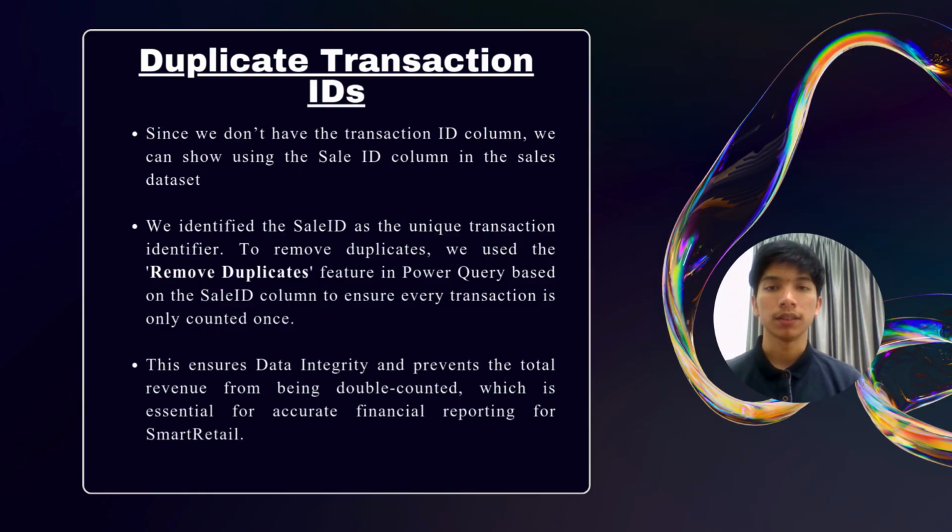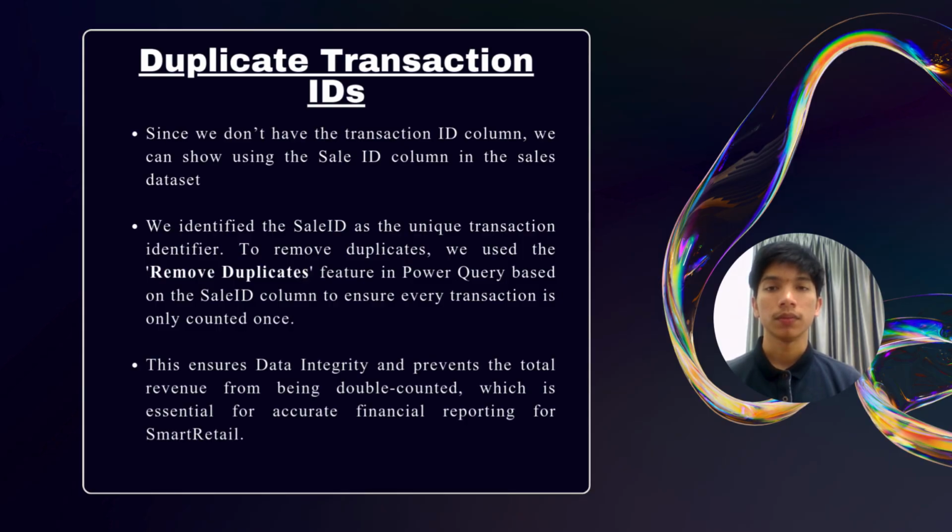Okay, let's say there are 100 transaction IDs and 50 of them are duplicates. Let's say every transaction is 50 ringgit.